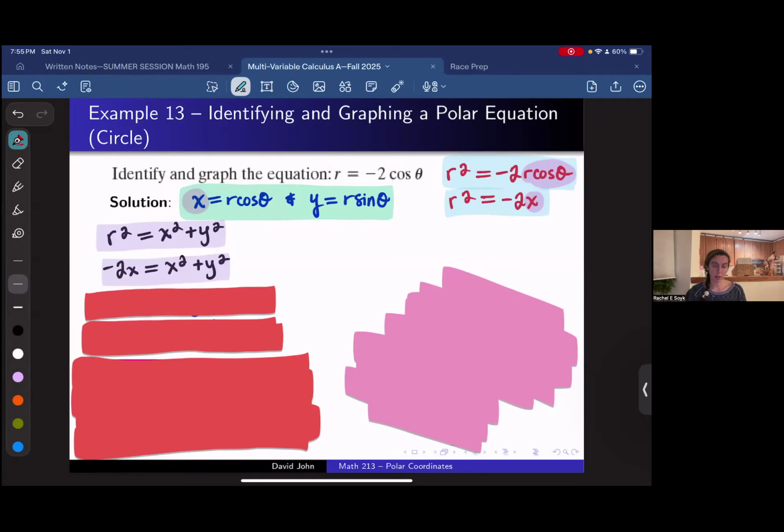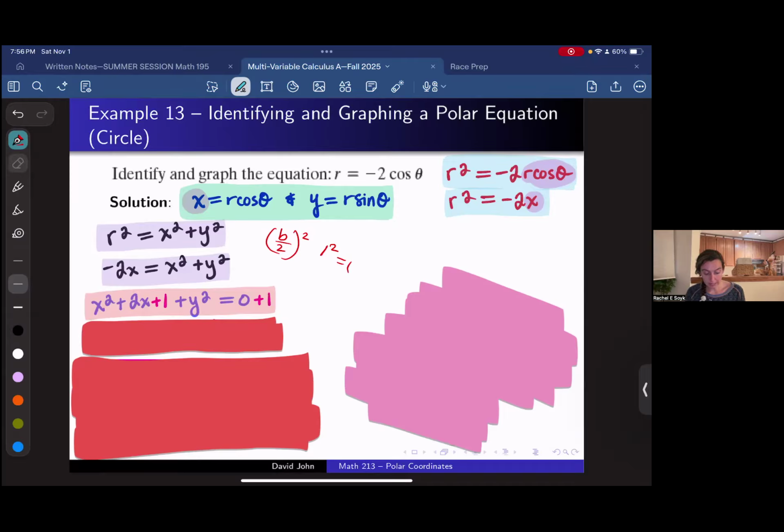Bring everything over to that right-hand side and complete the square. We get 0 is equal to x squared plus 2x plus y squared, and that special key is the b over 2 in parentheses squared, which is our 2 value here. 2 divided by 2 is 1, and 1 squared is 1.